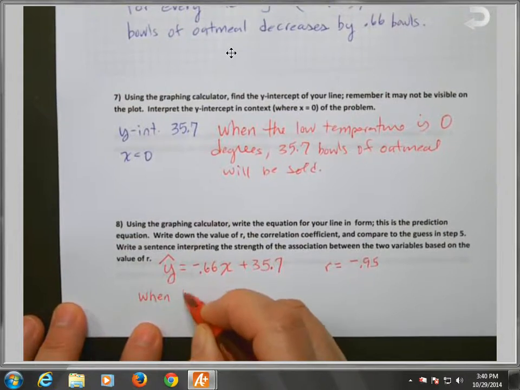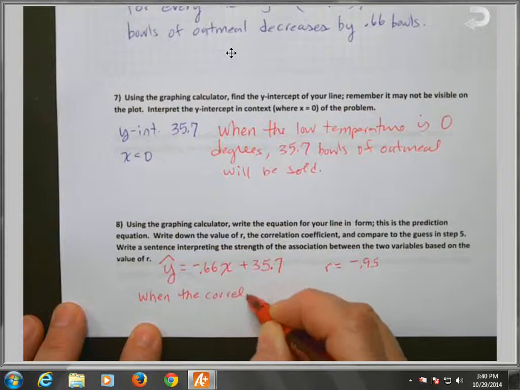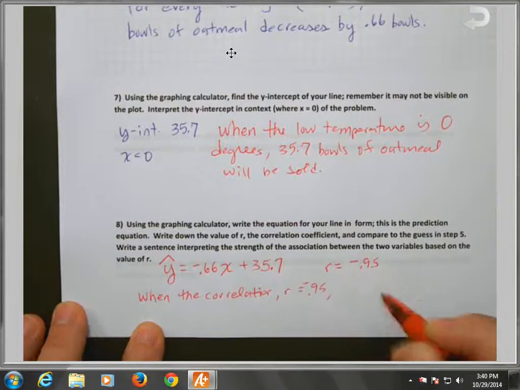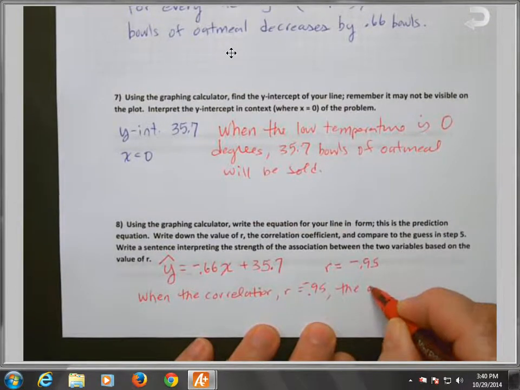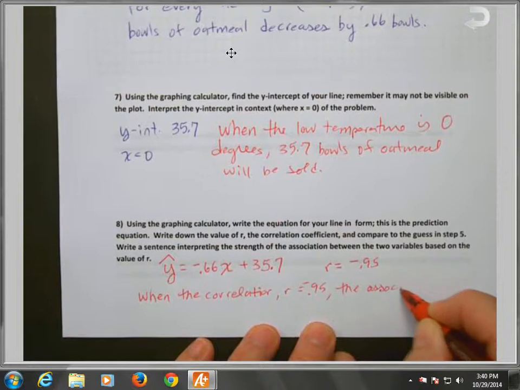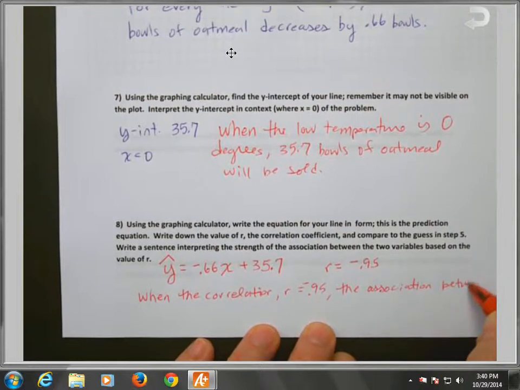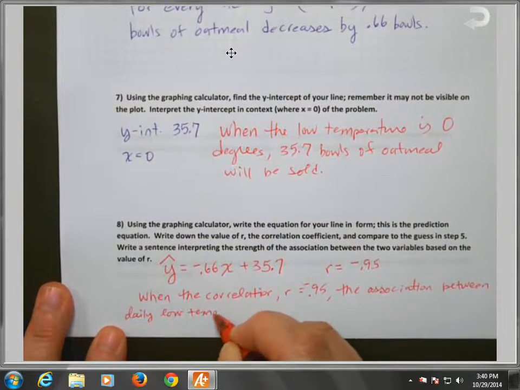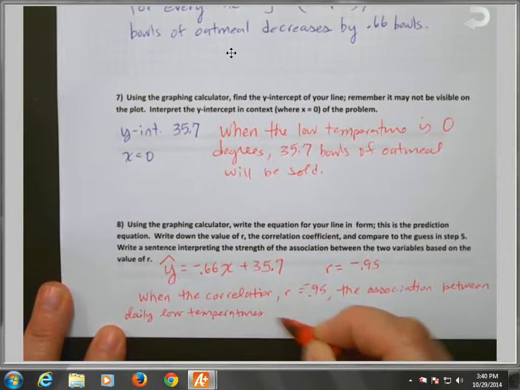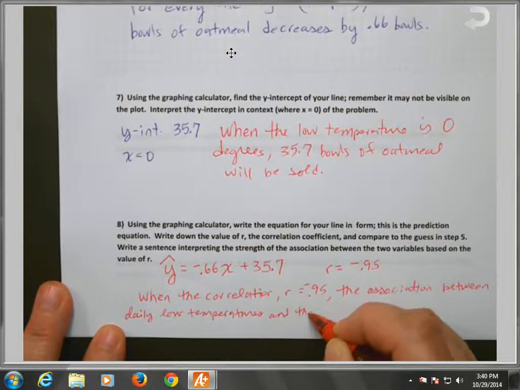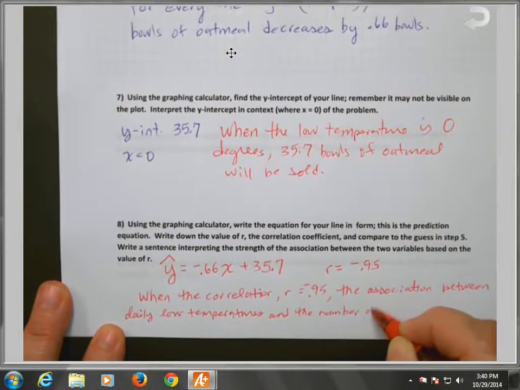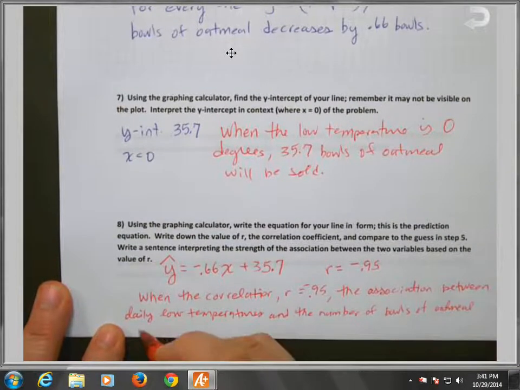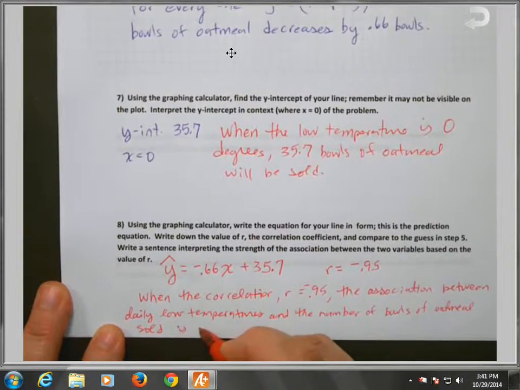When the correlation R equals negative 0.95, the association between daily low temperatures and the number of bowls of oatmeal sold is very strong.